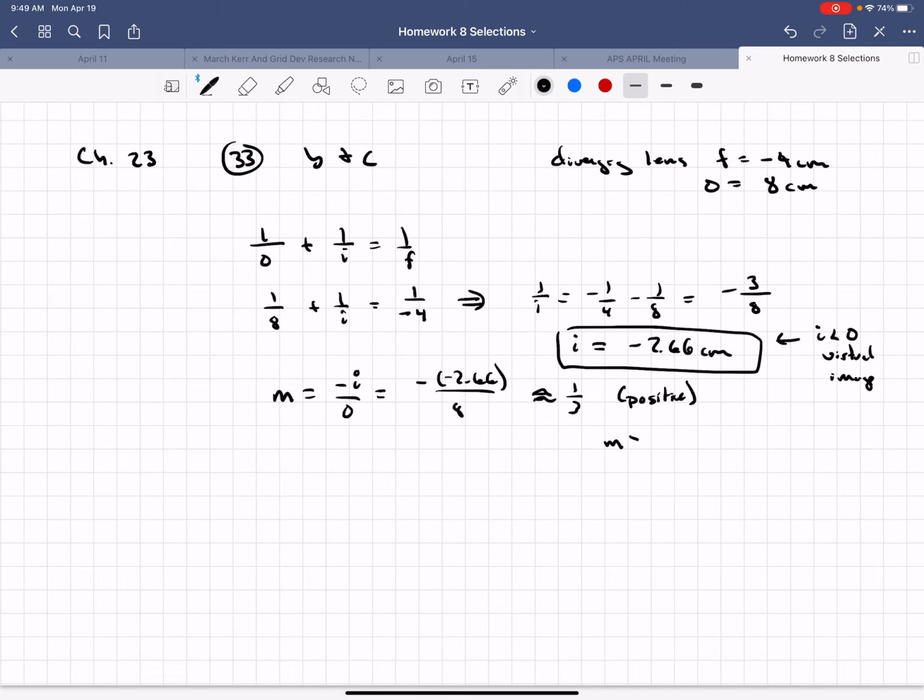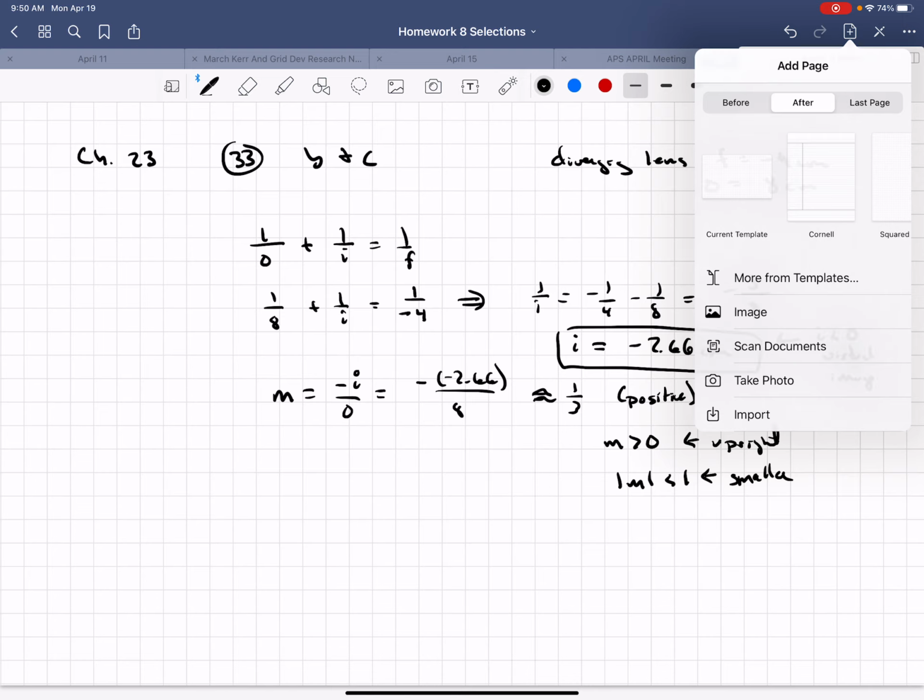Because the magnification is positive, the image is going to be upright. And because the absolute value of the magnification is less than 1, we know that the image is going to be smaller. So we already know what we should see when we go and try to draw the pictures.